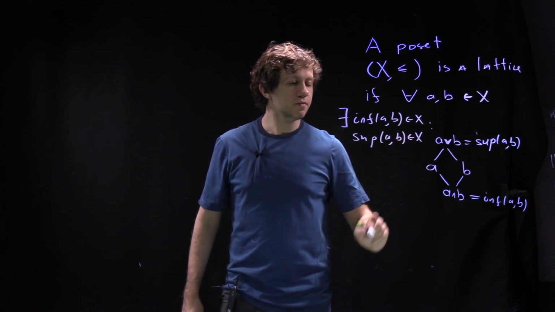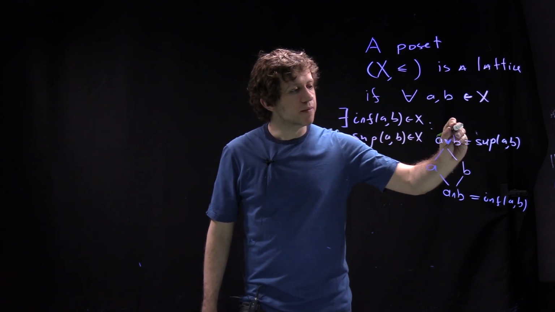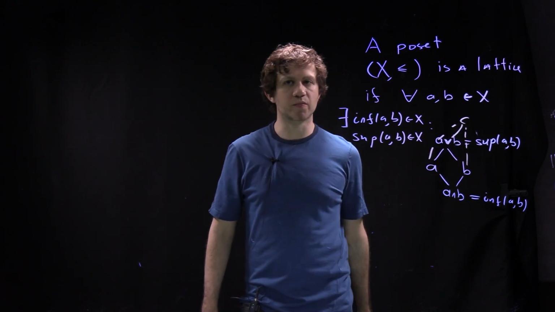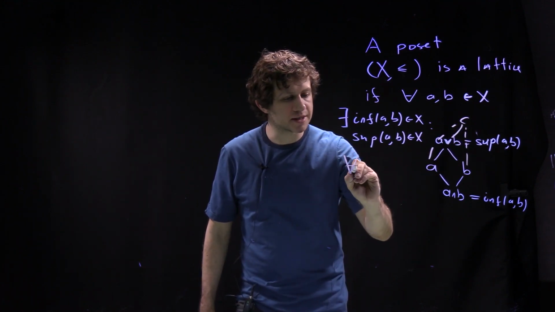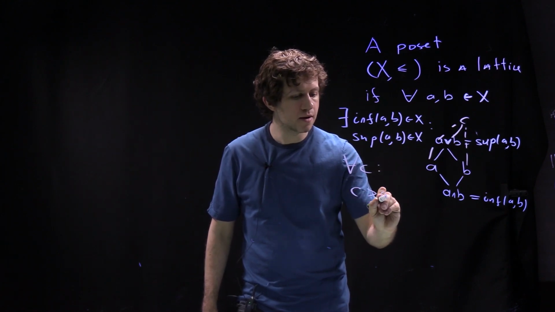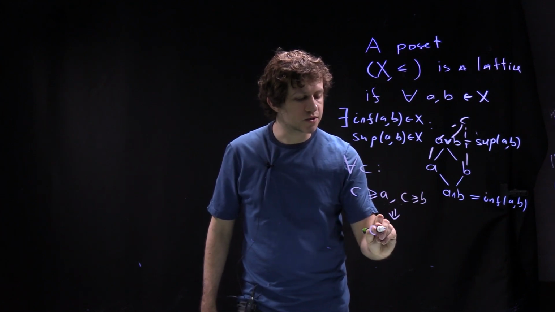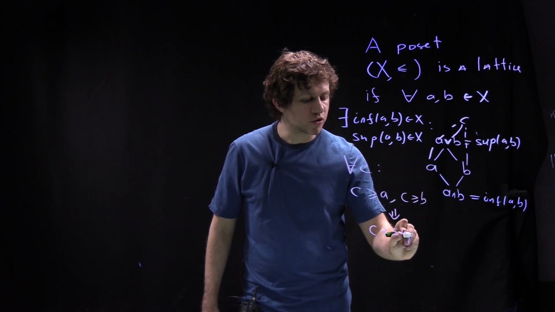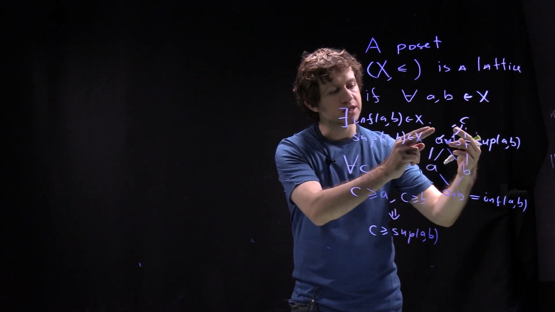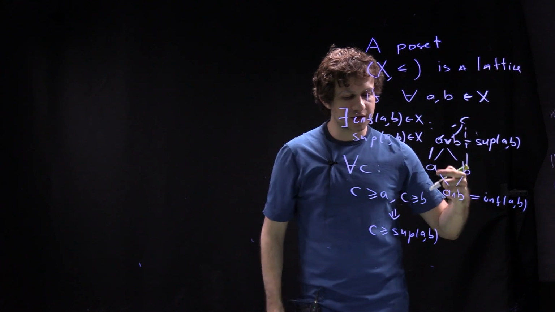such that, what should be true? Basically the idea is that every element bigger than A and bigger than B should be bigger than the supremum. So for every element C such that C is greater or equal than A and C is greater or equal than B, this implies that C is greater or equal than the supremum of A and B. So among all elements, this is the one which is the closest to A and B. It is greater or equal, and every element bigger than them is greater or equal.